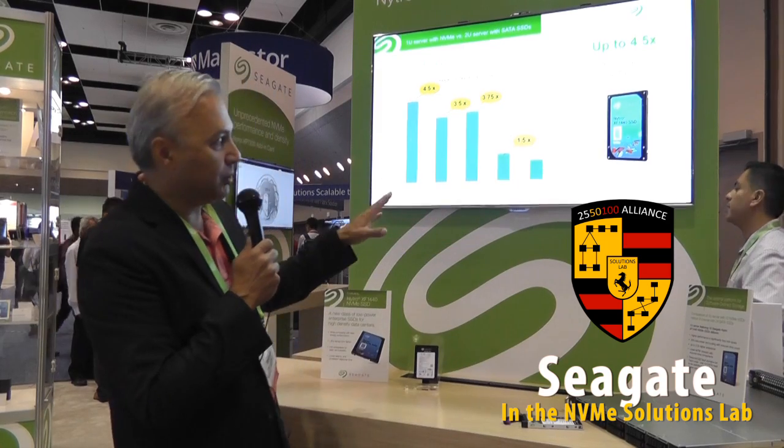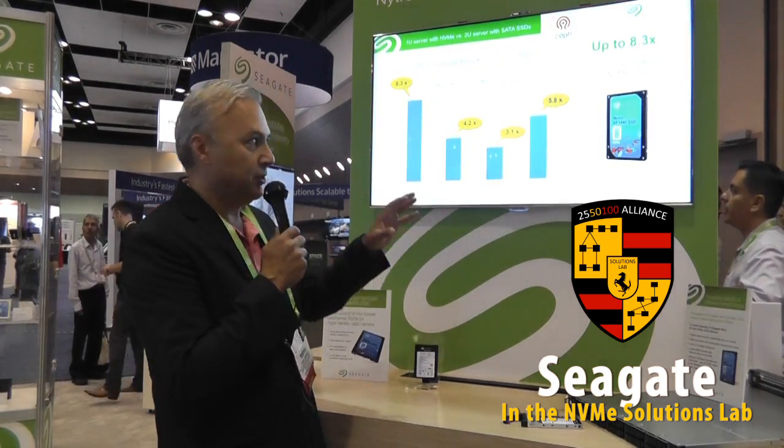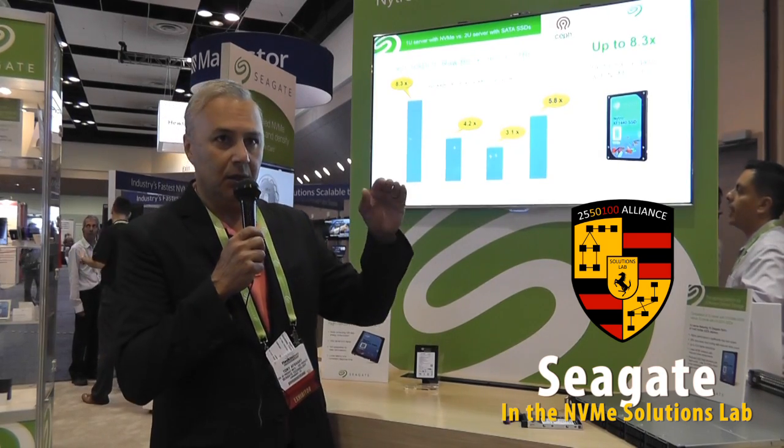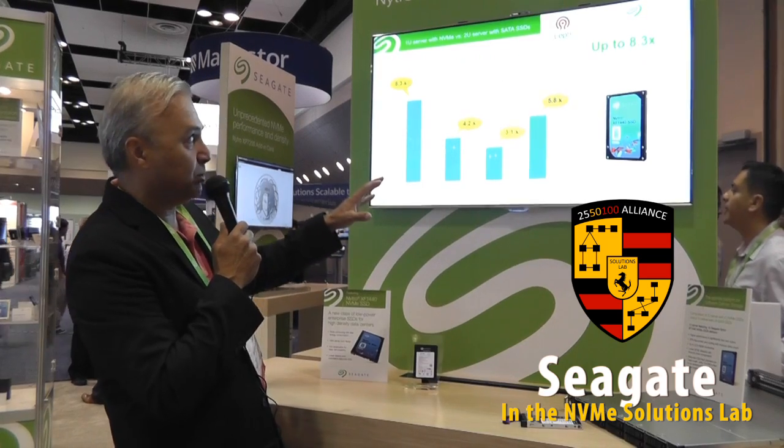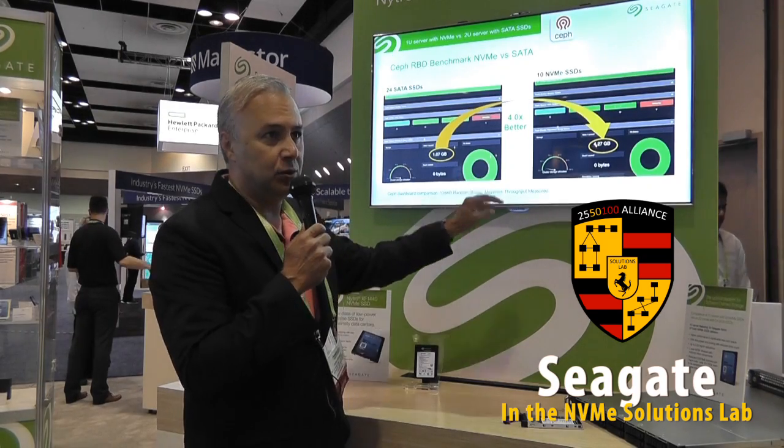We ran a bunch of benchmarks in a real system. We looked at both block size, everything the drive could do, 10 drives versus 24 drives, but from a Ceph perspective. Everything shows that from a performance perspective, we are about 4x better than what 24 SATA drives can do, but more importantly, the overall cost of the system is much better.